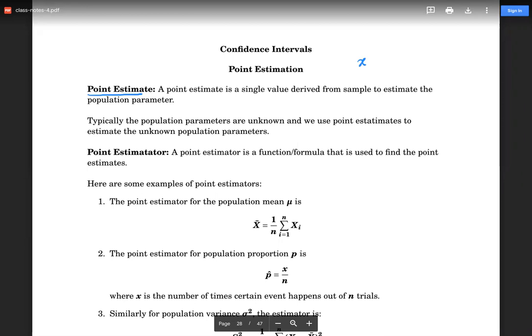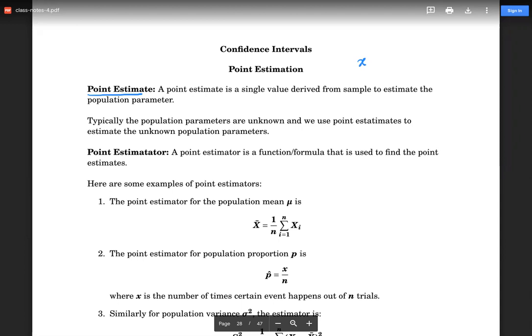Let's say if I ask you, what is the average number of years Americans live? Okay, you're not going to collect data from people who died over the last 10 years or 5 years. Or what is the average number of hours Americans watch TV, which is not the best use of your time, right?